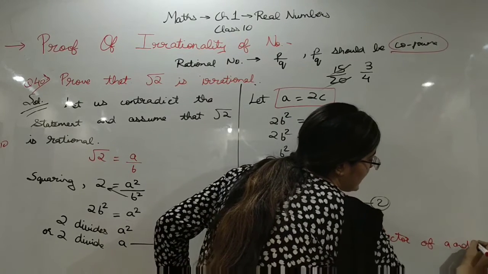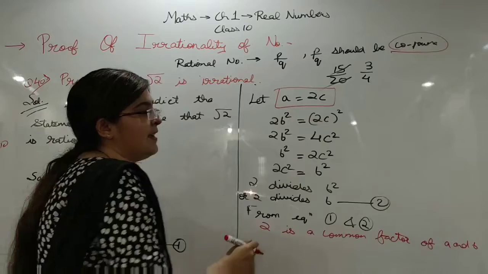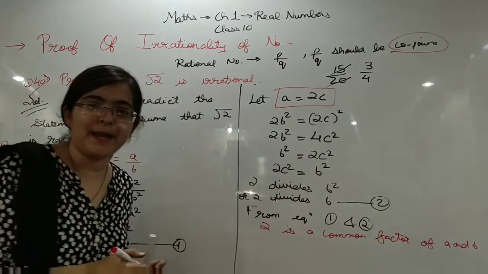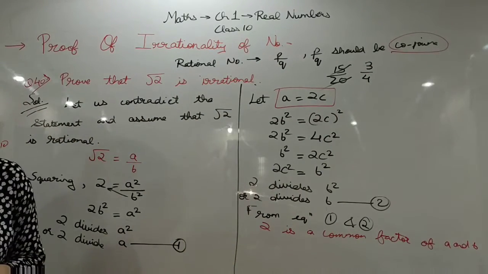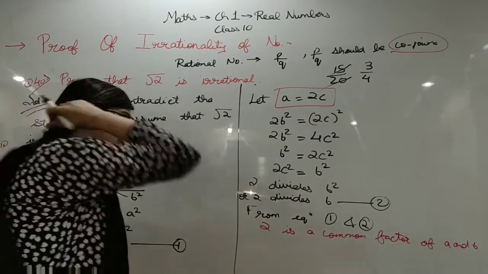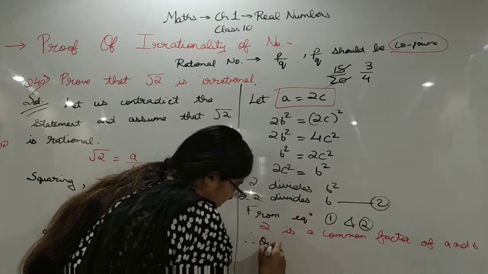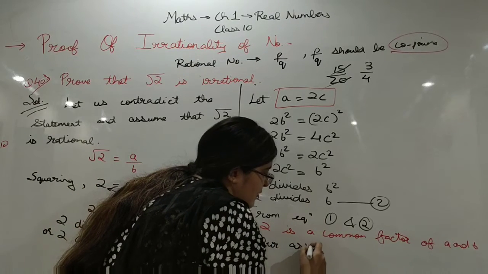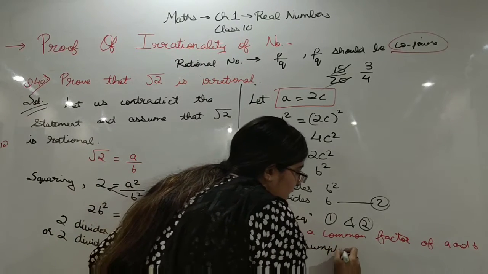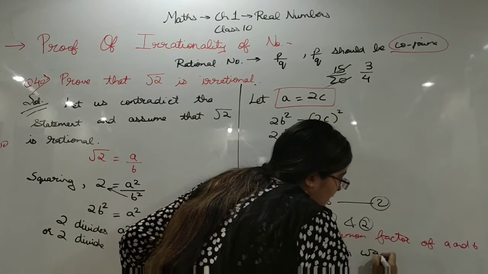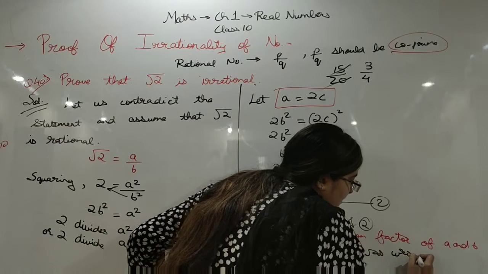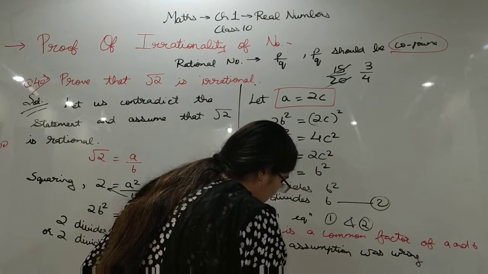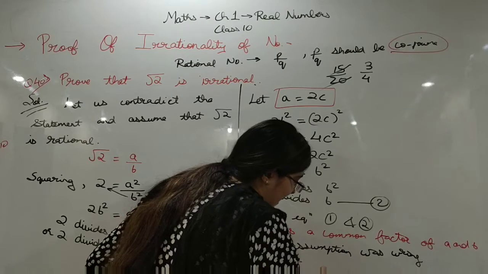But what we have seen that in a rational number, a and b should be co-prime. There should be no common factor. So we will say therefore our assumption was wrong, and root 2 is irrational.